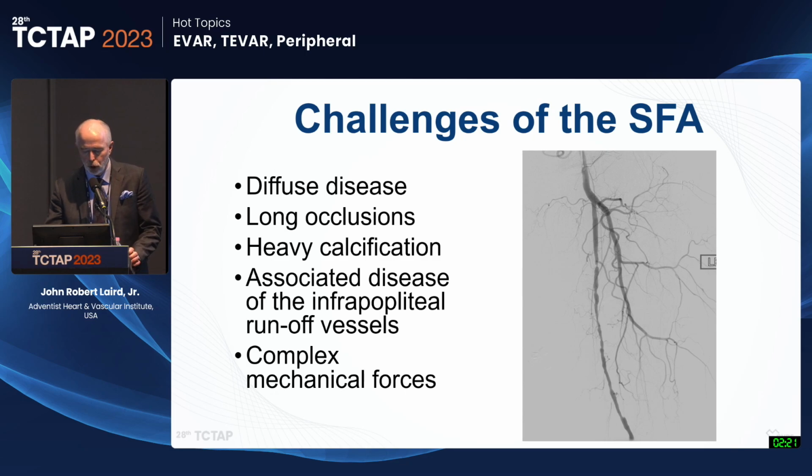We've been much more challenged in the SFA due to the nature of the disease in the SFA: diffuse long lesions, heavy calcification, associated disease of the infrapopliteal runoff vessels, and then the complex mechanical forces which complicate placement of endovascular prostheses.